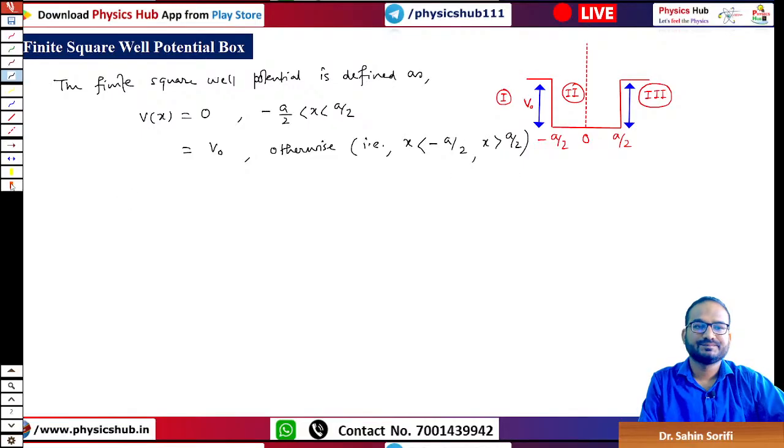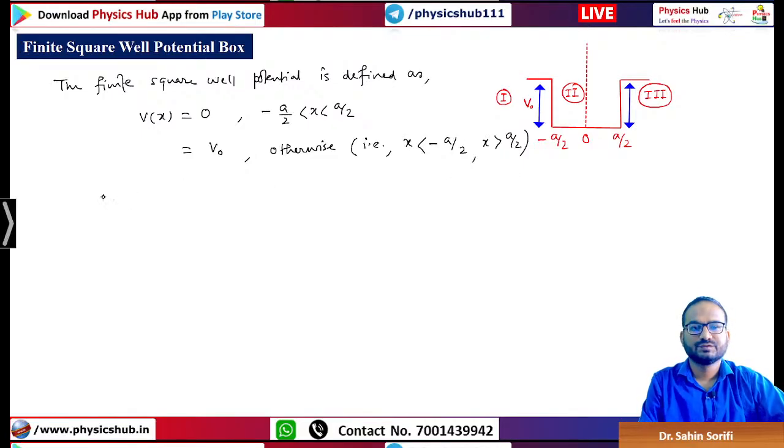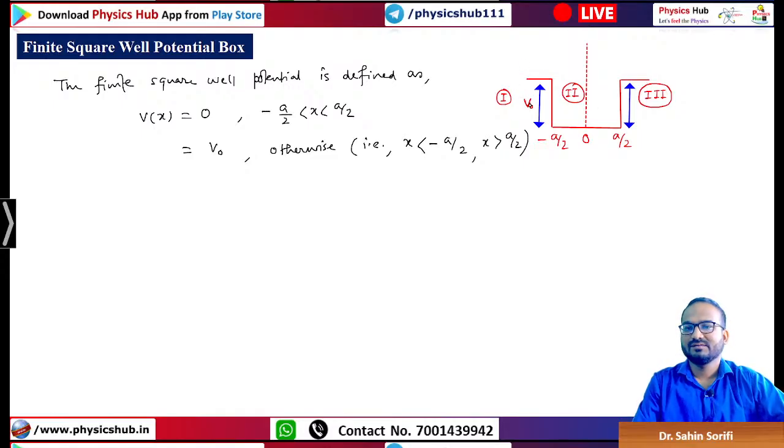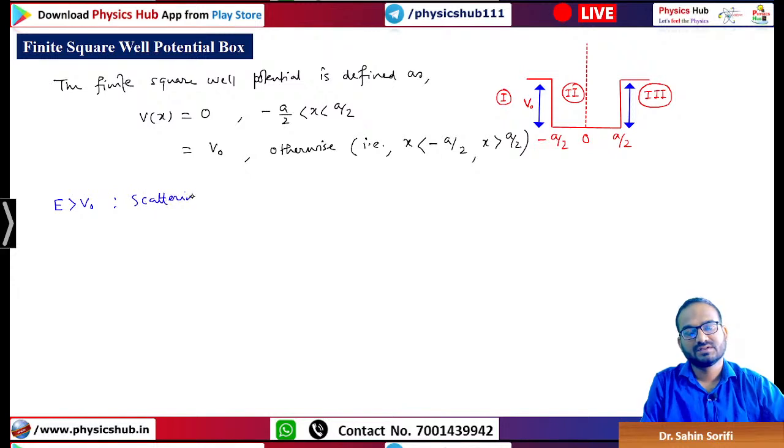Now there may be two solutions. Let's say a particle is there inside this box. The particle's energy may be greater than V naught. When the particle's energy E is more than V naught, this will give rise to scattering states, the scattering case. That is not our concern.